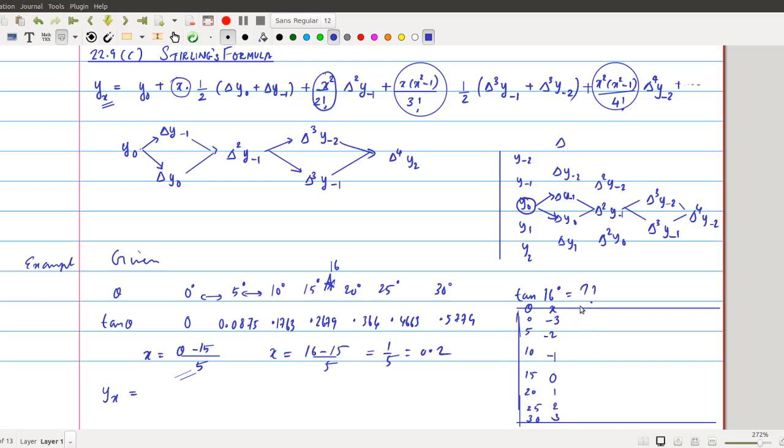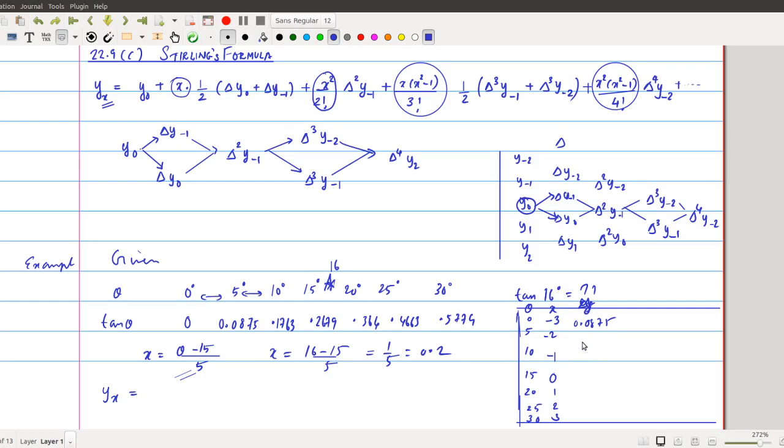Okay, now take del y, that is the difference. First we'll write the y values. The y values are 0.0875, 0.1763, which is the second value.